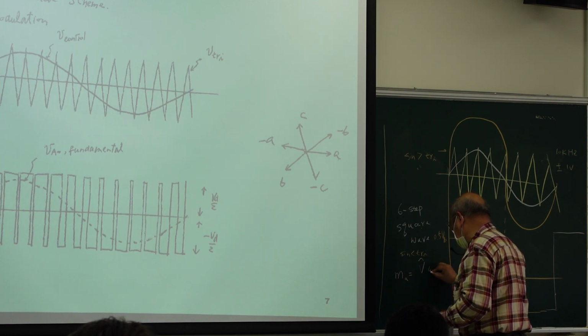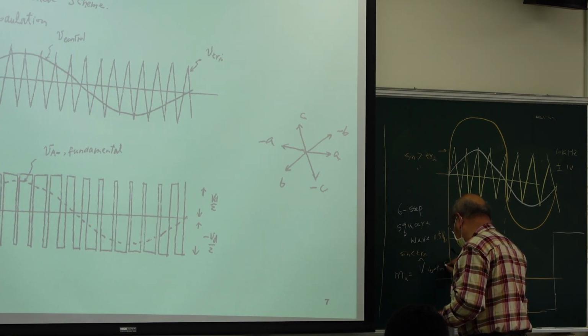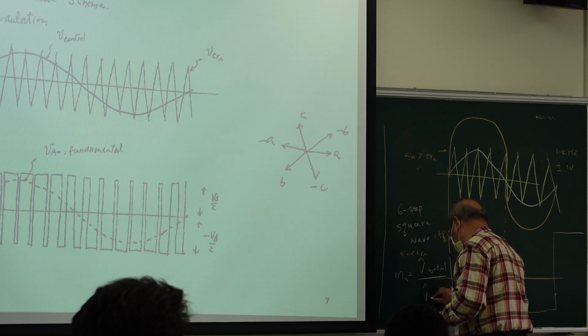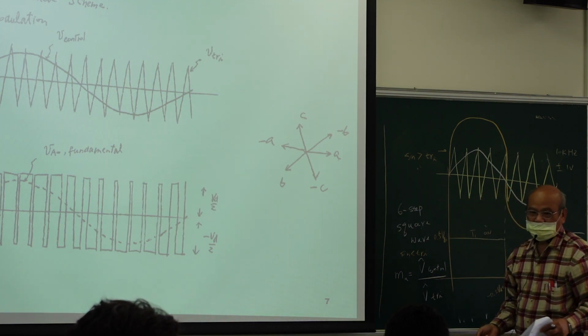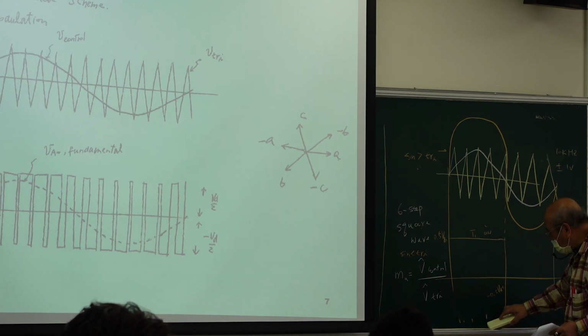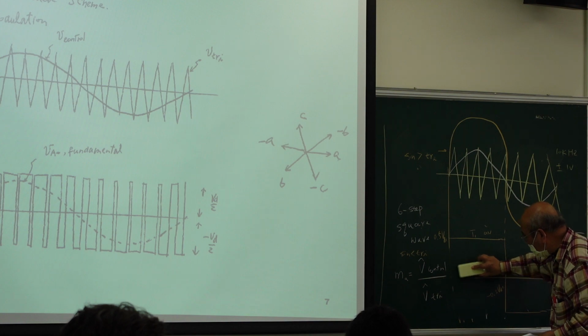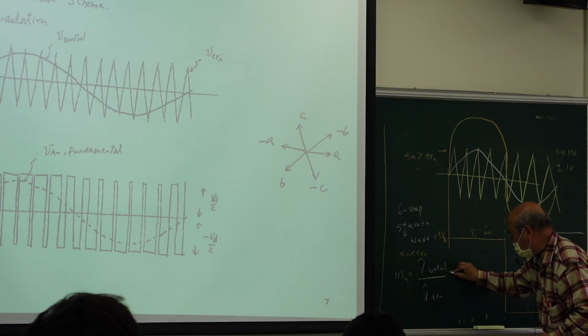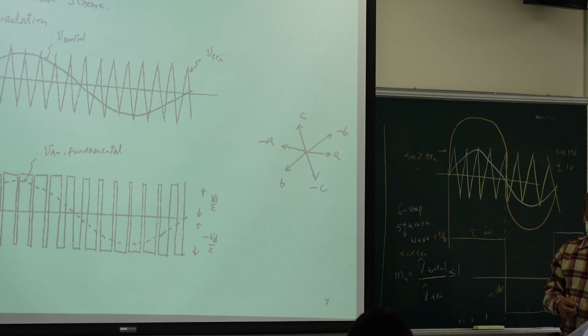The sinusoid amplitude divided by the triangular amplitude. So the sinusoid amplitude should be equal to or less than the triangular. So it should be equal to or less than 1.0, right? So 1.0 is the maximum.